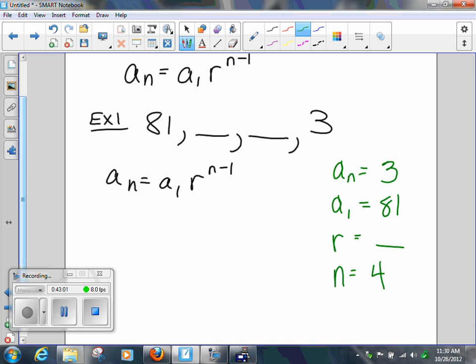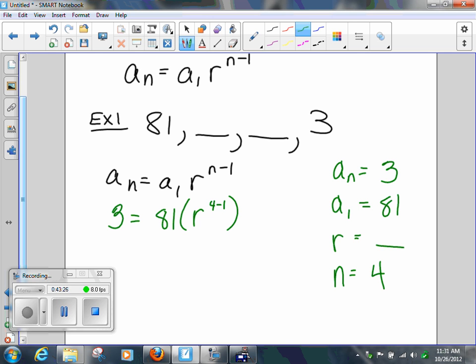All I'm doing, folks, is going right down the line in this formula, figuring out what each thing is. All right, let's plug it in. 3 is equal to 81 times r, because I don't know what it is, raised to the 4 minus 1 power.